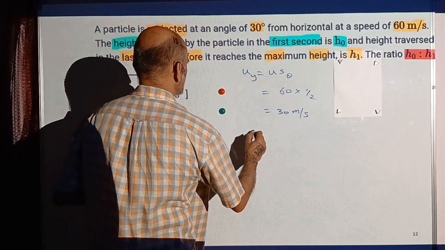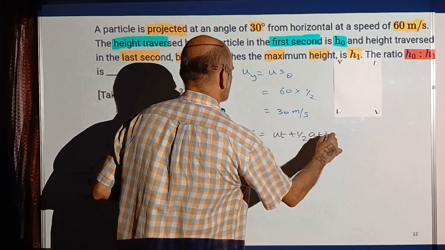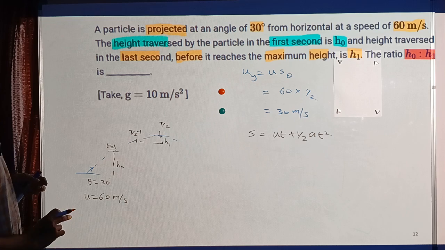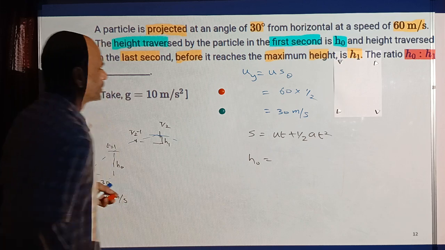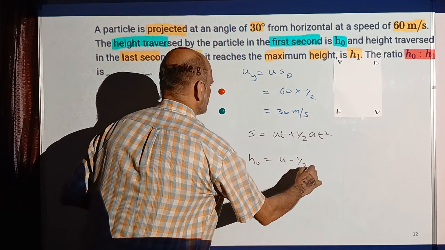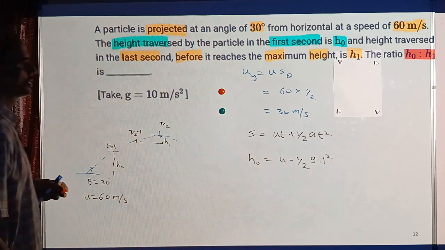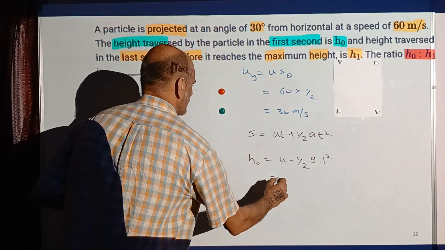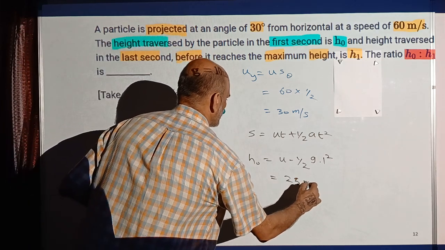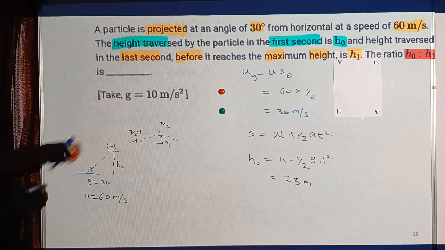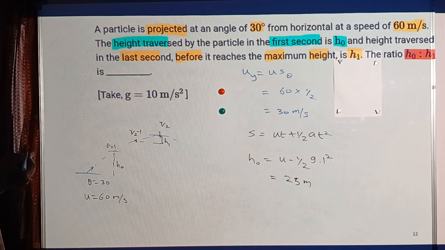So in this vertical direction, S equal to ut plus half at square. So for h naught, distance covered in the first 1 second, you have to put t equal to 1. So it will be u minus half g, because a is minus g, and then t square is 1 square. So 30 minus 5, it's 25. G is 10.